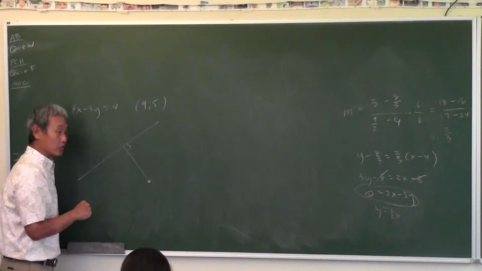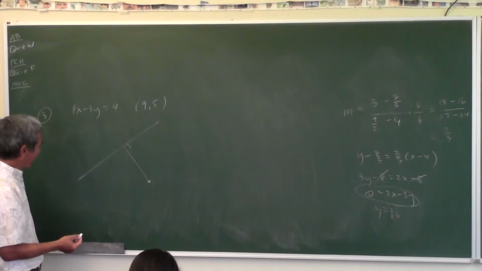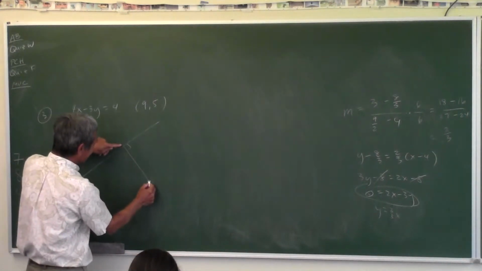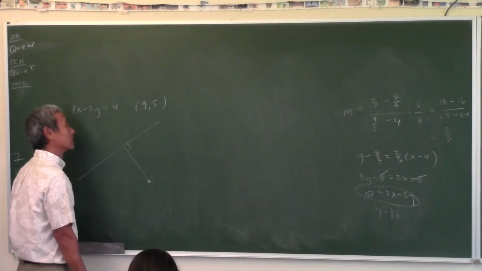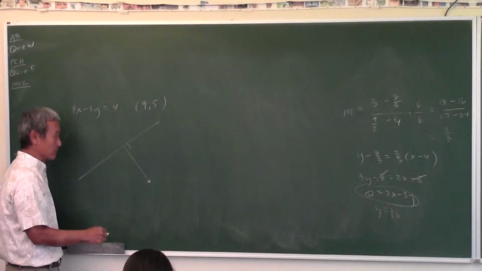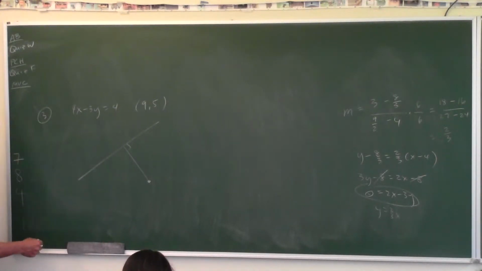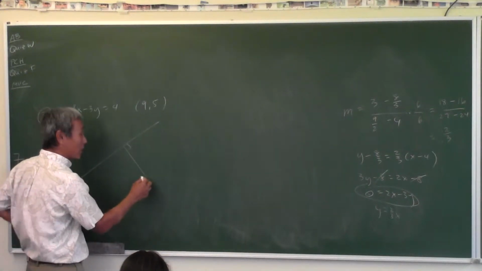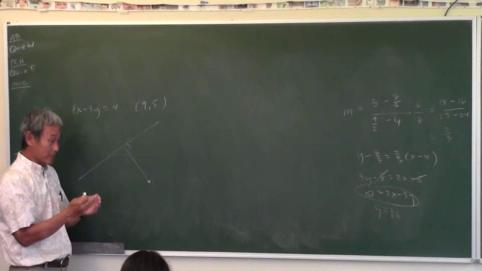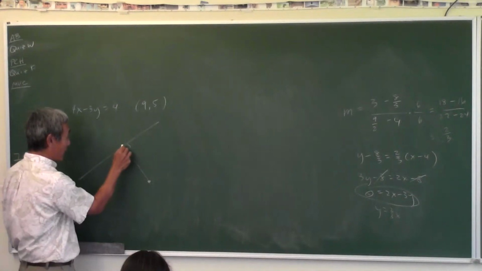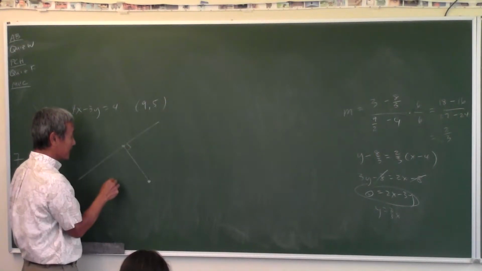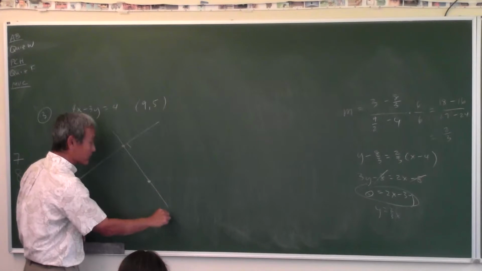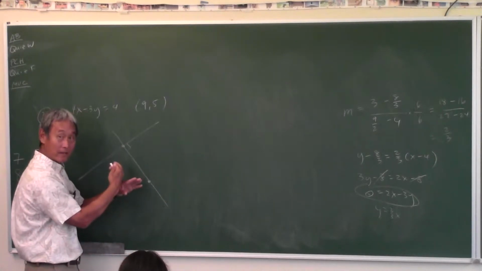To do the problem the long way, how would I find this distance? What do you know how to do? I know how to find the distance between 2 points. Is there a way I could find this point? Write the equation of the line and then find where they intersect, right?